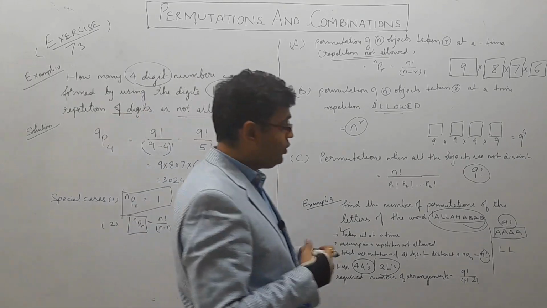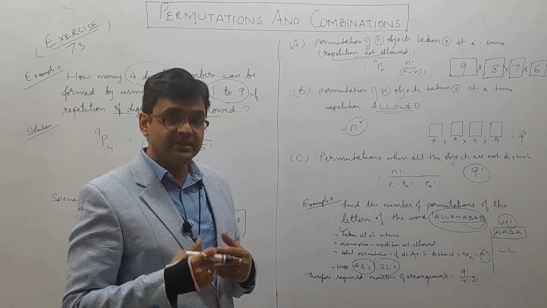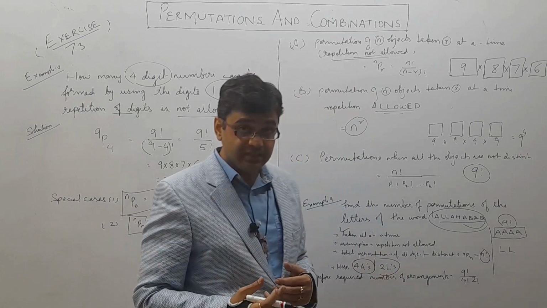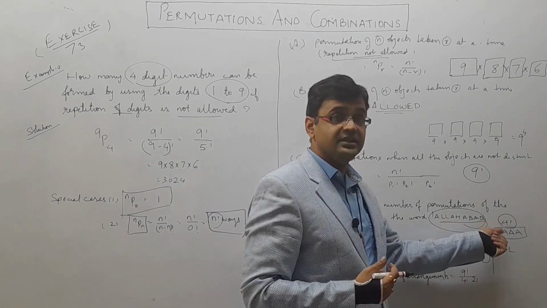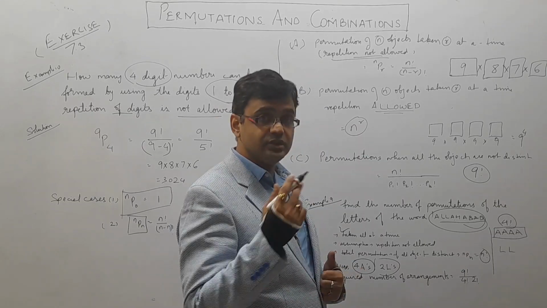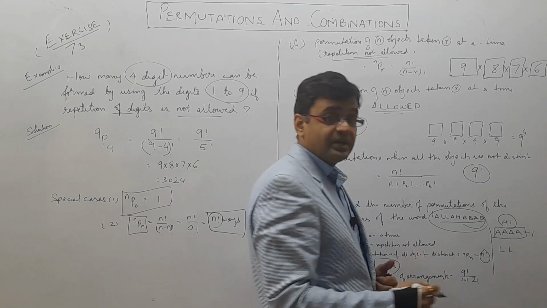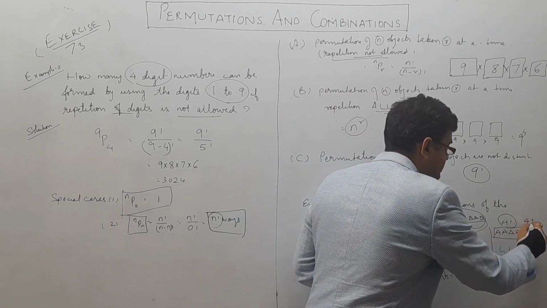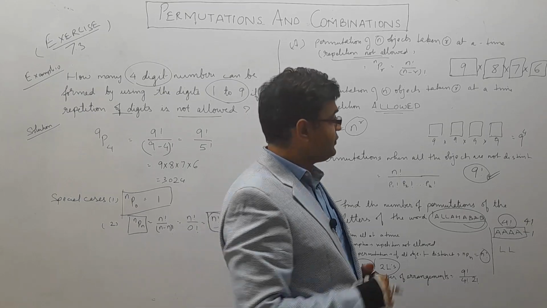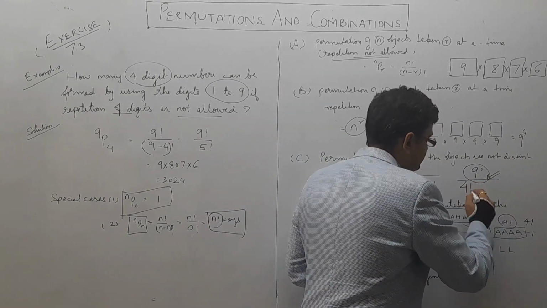That means these 4 A's we are considering as distinct. And that means there are 4 factorial additional ways we have taken instead of just one way. It should have been just one arrangement, and we are considering it to be 4 factorial if we take the answer as 9 factorial. So to get the correct answer, we will divide this 9 factorial by 4 factorial.